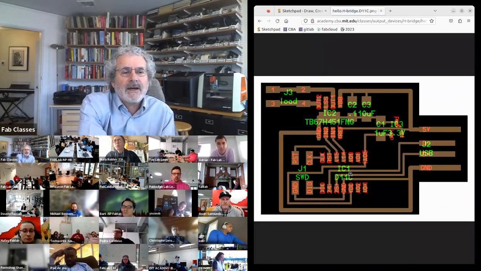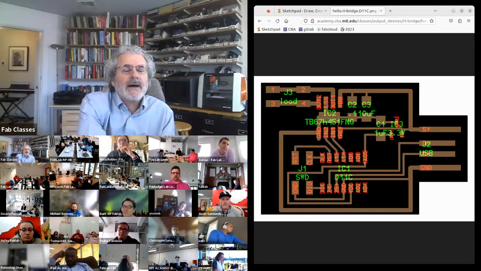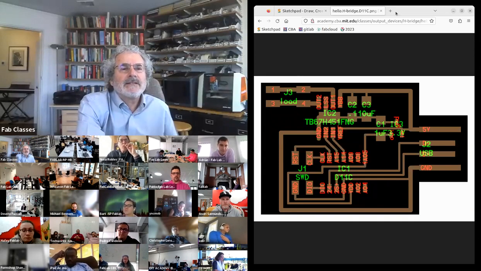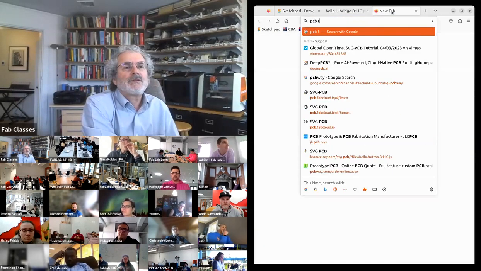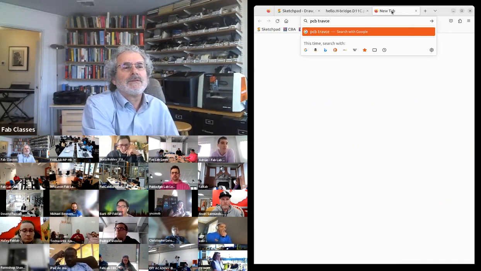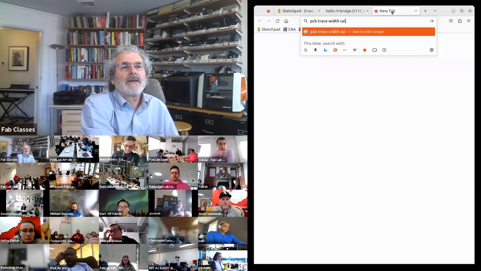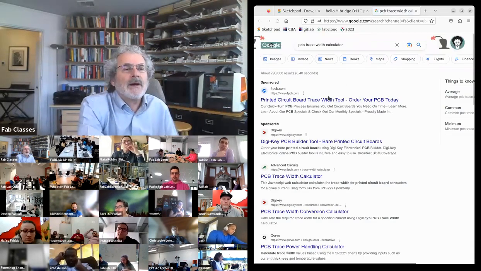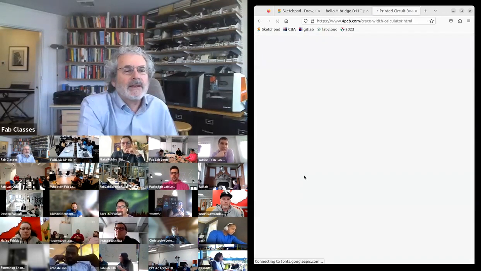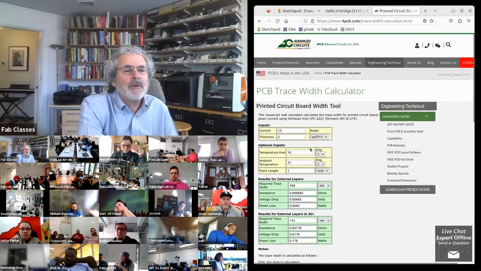here's my processor. Here's my H bridge. You'll notice I'm using fatter lines, PCB trace with calculator. You can look up tables or formulas to calculate trace width.